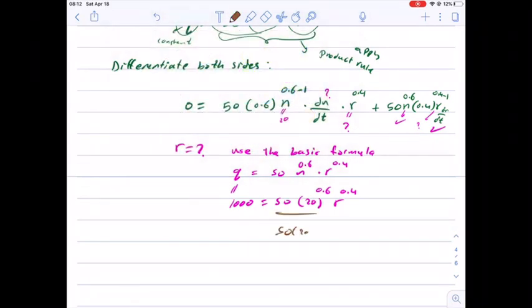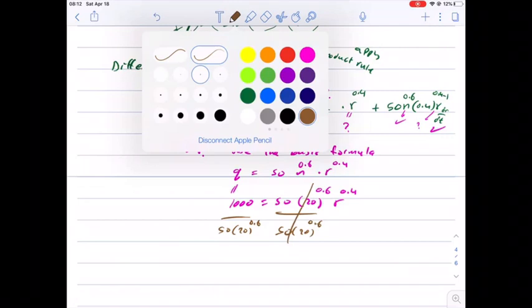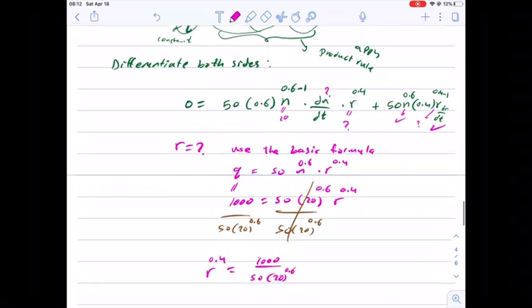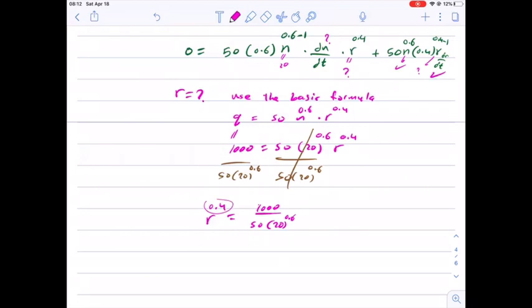Now we solve for r by dividing both sides by this quantity, and that gives us r to 0.4 equals 1000 over 50 times 20 to the power 0.6, but 0.4 is 4 over 10.